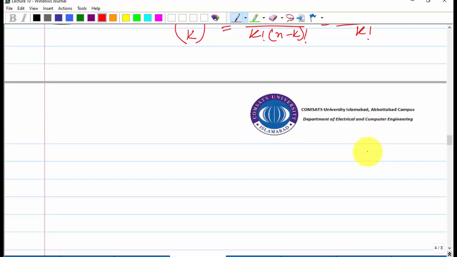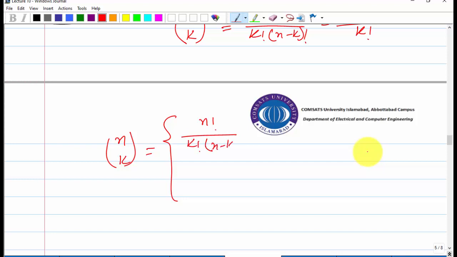So we can write it as a definition, n choose k is n factorial divided by k factorial times n minus k factorial for k equal to 0, 1, 2 up to n, and 0 otherwise. Now why have we written this definition in this form?